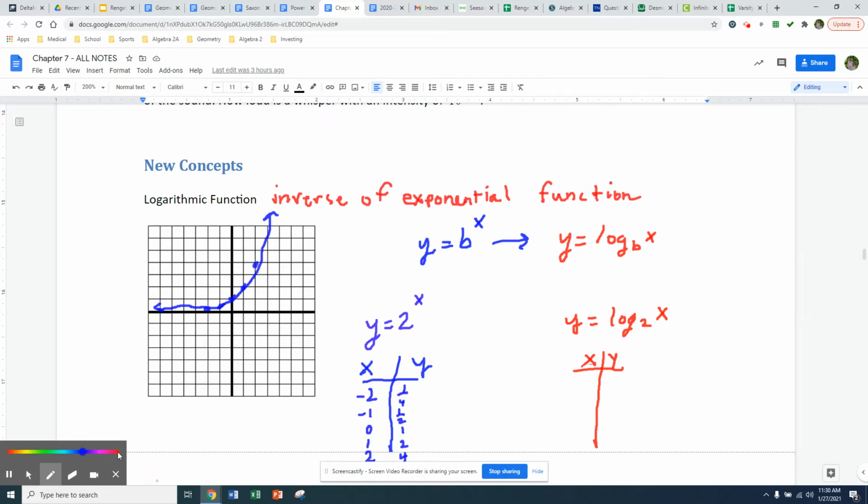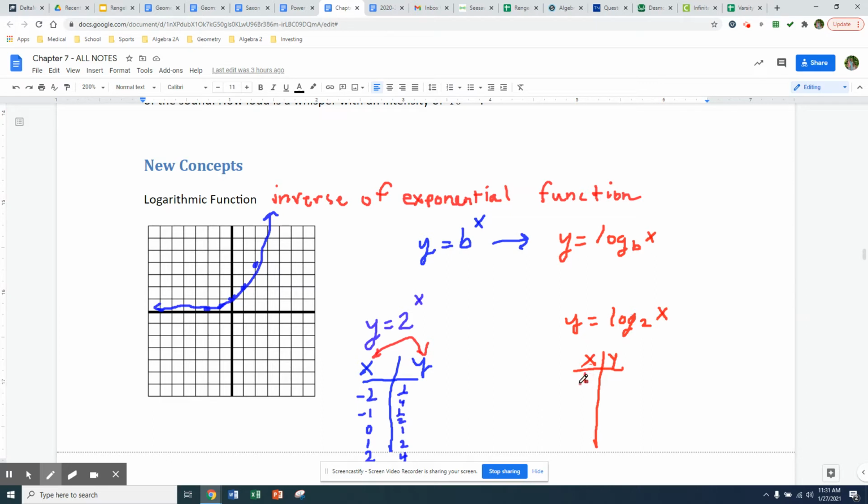Now the logarithm y equals log base 2 of x is going to be the exact inverse of y equals 2 to the x. So to find x and y pairs of log base 2 of x, we are simply going to invert the x and the y.